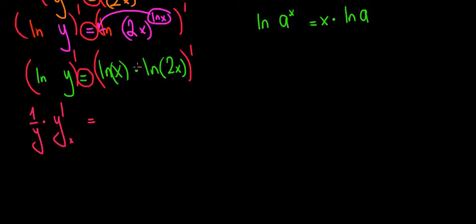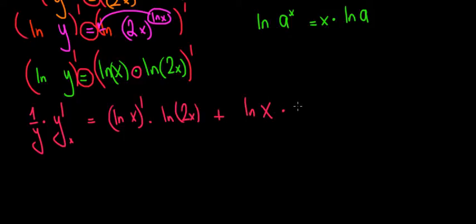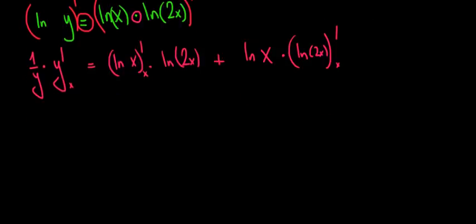And now here we have a product again, so we're going to apply the product rule one more time. Ln of x derivative times the ln of 2x plus ln of x times the ln of 2x derivative with respect to x. Let me write with respect to x so we keep track of what we're differentiating. Let's keep going.